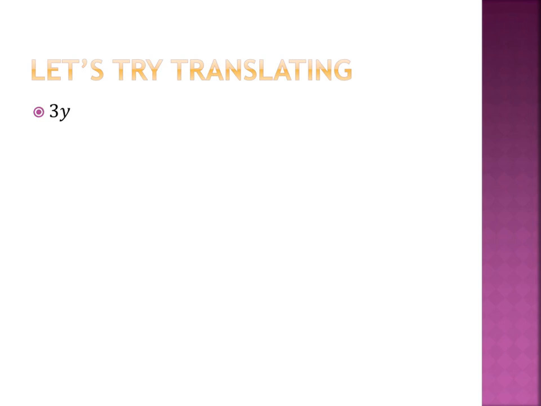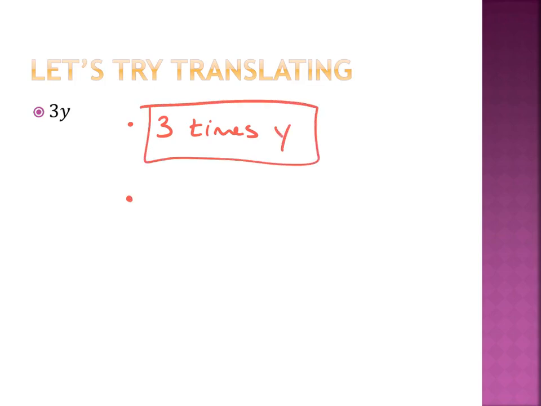All right. And then our last example, 3y. 3 times y. Good. Can't use double here. No, not at all. What can you use though? It's a 3, so you could say triple y.